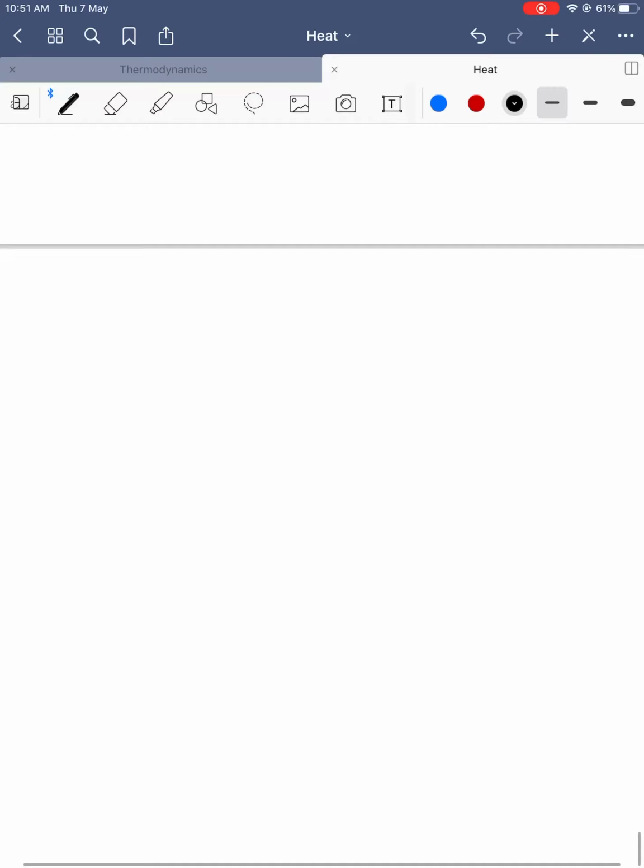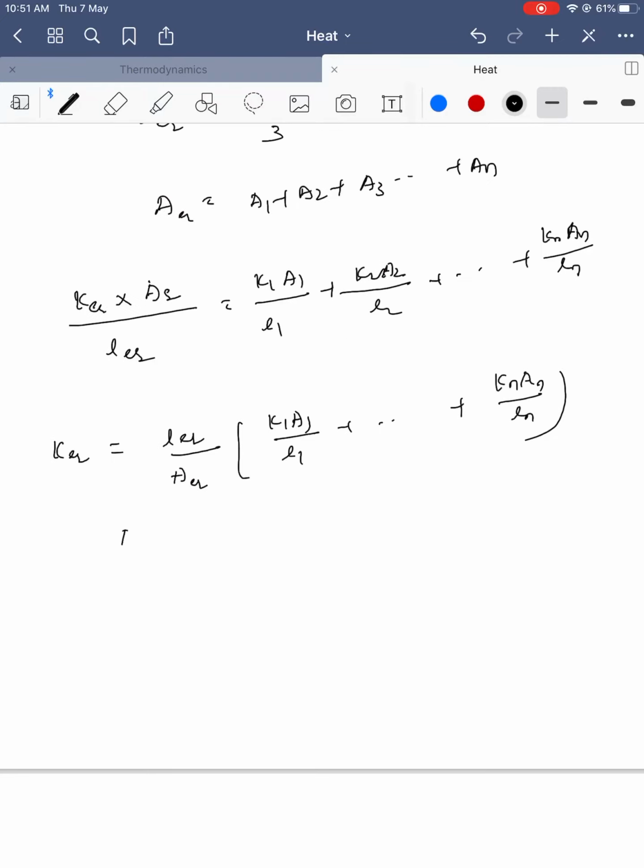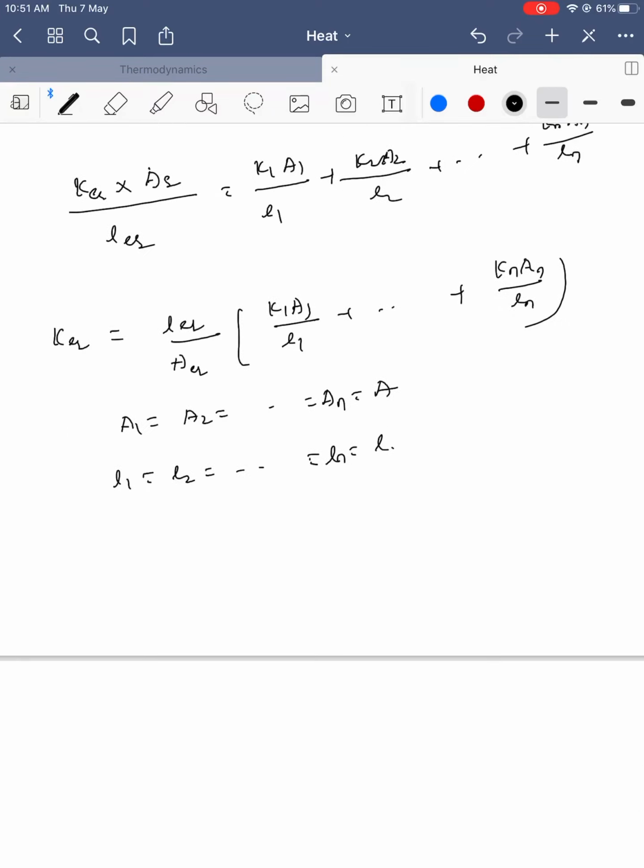So some special cases we are going to discuss. If A1 is equal to A2 is equal to and so on is equal to An, which is equal to A, and L1 is equal to L2 is equal to and so on is equal to Ln is equal to L, then what is the value of K equivalent?